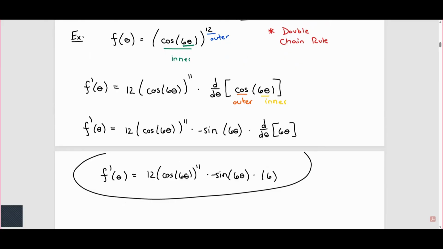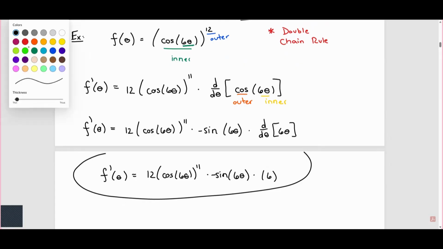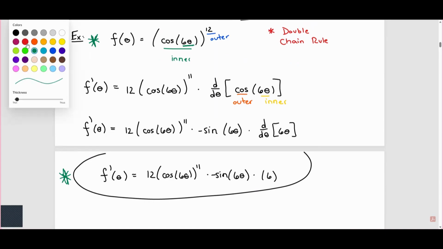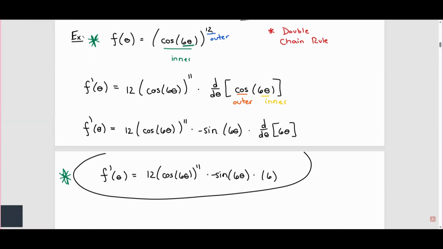So as you start getting these more complicated chain rules where you have to apply it multiple times, this is where I start to think of the chain rule as pulling back layers of my derivative. So let's look at where we started the derivative, which was up here, the original function, to where we ended it. So notice I kind of peel it back one layer at a time. So first, I found the derivative of this outer portion, and I finished that, right?